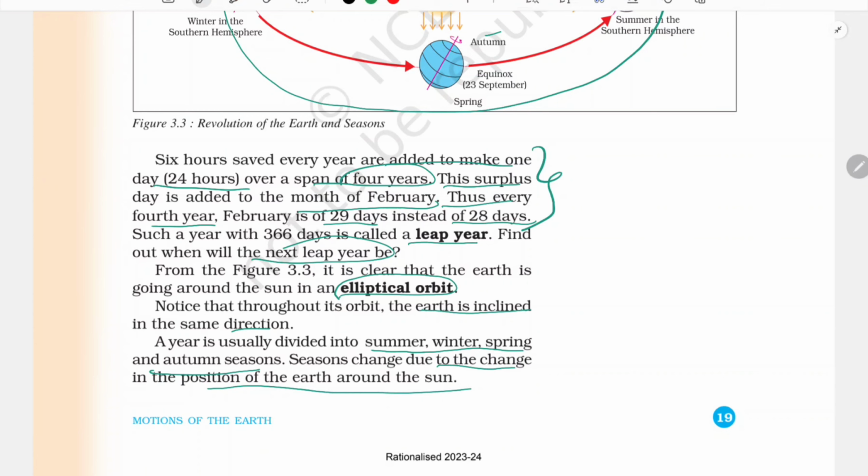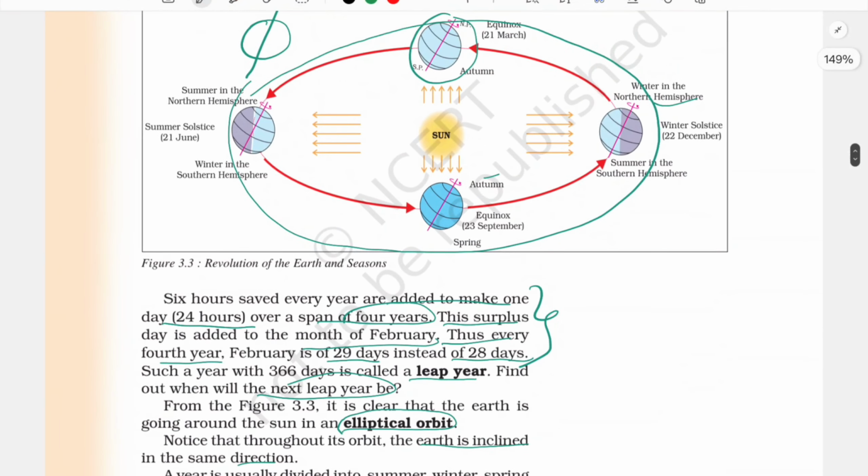Because when the earth is changing its position, suppose in this picture, when the earth is here we are experiencing summer, and when the earth is here we are experiencing equinox, meaning autumn or spring, and when the earth is over here we are experiencing winter. In this case, when we are experiencing summer, as we are in India, and India lies completely in the northern hemisphere, isn't it? When there is summer in the northern hemisphere, there used to be winter in the southern hemisphere.